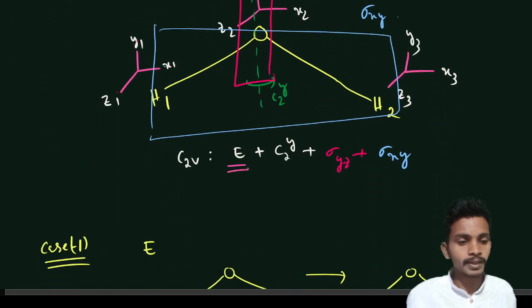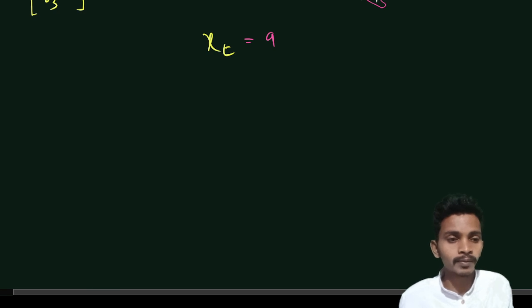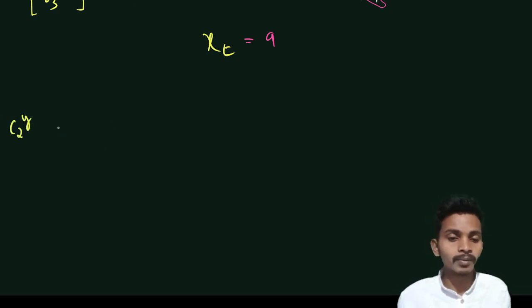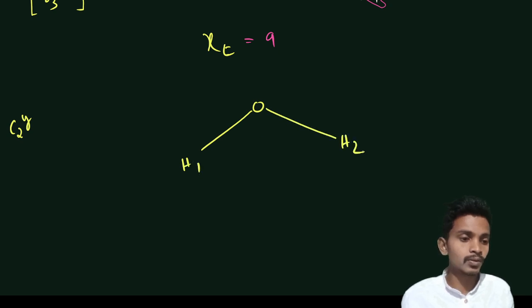Next, the next character in water is C2y. Let's look at C2y now. Likewise, we have to check all the symmetry operations. Now I will apply C2y. If I apply C2y to these matrices, then what will happen? See, this is the water molecule with H1 and this is H2.